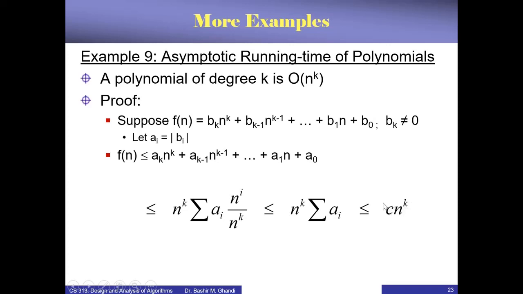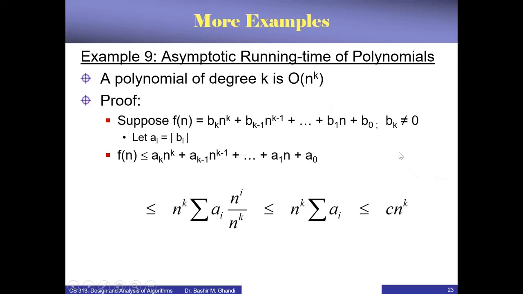And clearly then we can take that c to be the c that is required by the definition of big O, and we will be able to satisfy the inequality that f(n) is less than c g(n). Remember our g(n) is n to power k. So this is the idea.